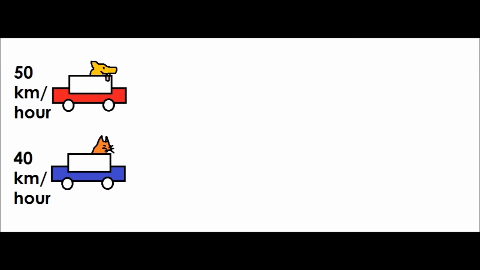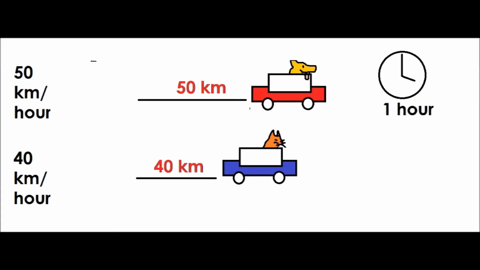Those are their speed, but what does it mean? Well, it means that, let's say they are on a race, but we time it. Then if they both start at 3 o'clock, at 4 o'clock or 1 hour later, Moon Moon would have traveled 50 kilometers, while Cato has traveled 40 kilometers.